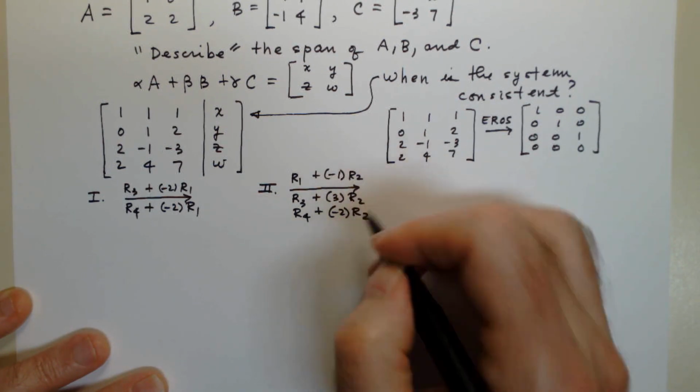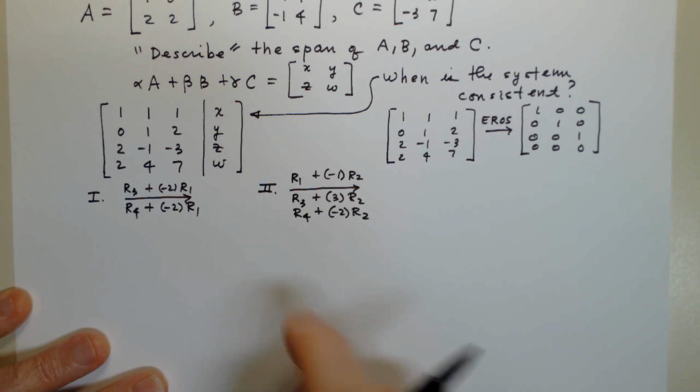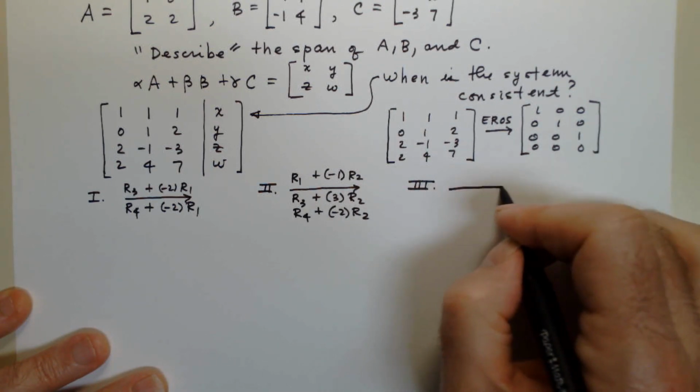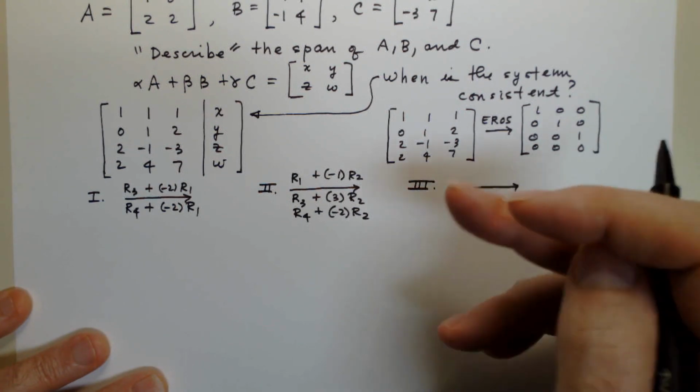So I was using row 2 consistently here to affect changes in rows 1, 2, and 3. And then finally in step 3, I used row 3 to affect changes in rows 1, 2, and 4.